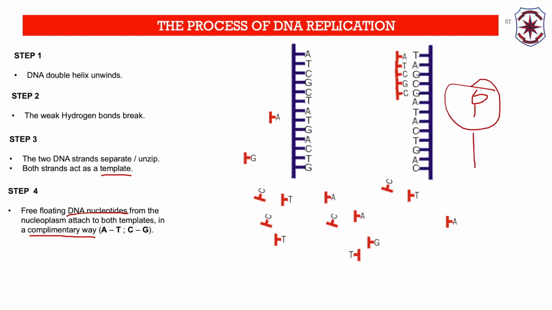It would have a sugar portion, and it will also have a nitrogenous base. So it is the nitrogenous base that is complementary. Okay, however, a nitrogenous base does not only travel alone, it travels with the rest of the nucleotide, meaning it travels with the phosphate group and the sugar portion as well.